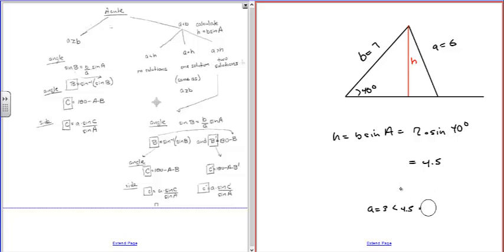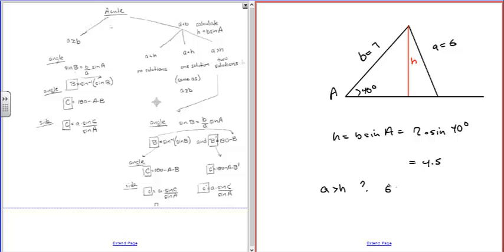So let's say we're given this situation. We're given angle A is 40. We're given side A is 6. Side B is 7. So we go to our little spreadsheet here. Is A greater than B? No. Is A less than B? Yes. Okay, calculate H. H is 4.5. So is A greater than H?